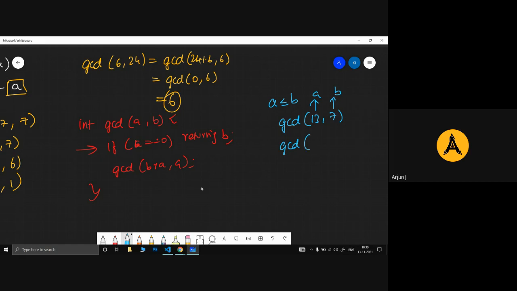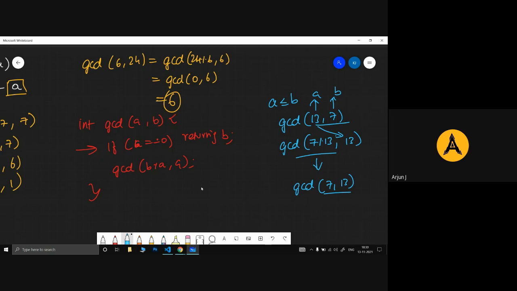So our algorithm in the next step would do GCD of 7 mod 13, and then a will come over here, so it is 13. This will give us GCD of 7 comma 13. We gave 13 comma 7, but in the first step our algorithm has swapped the numbers such that a is less than or equal to b. Then it will proceed with the next recursive call.